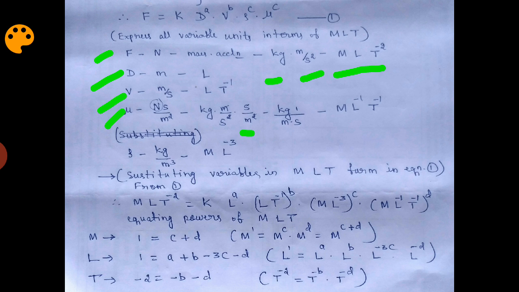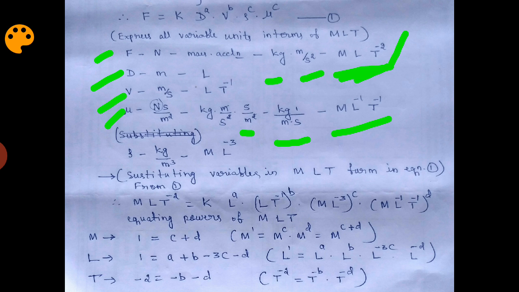In place of Newton you can write the same unit which you already found, or you can do the simplification again. For Newton we know that it is M L T raised to minus 2. You can use the same, substitute, then simplify. On simplification we will get M L raised to minus 1 T raised to minus 1. You can do that or follow the method I have done here.